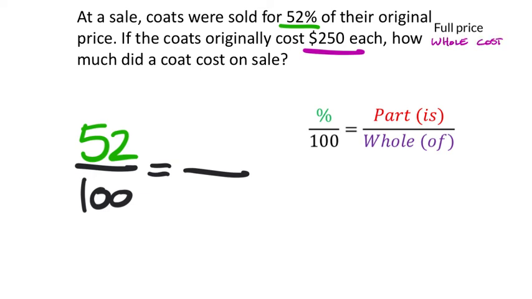I don't know if that helps, but again, there are several different ways you can look at full price. Just the whole amount, which is showing as $250. We're looking for that partial amount, because we don't know how much they're sold for. That's the sale. So what we need is the sell price, and that's going to be x for us, okay?